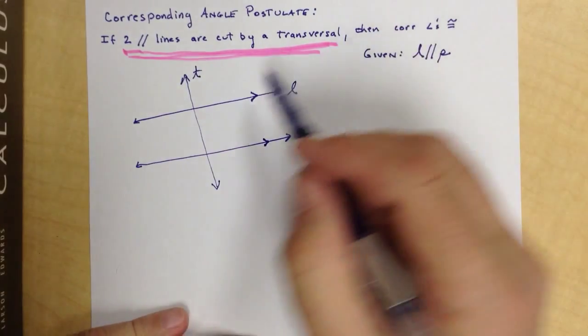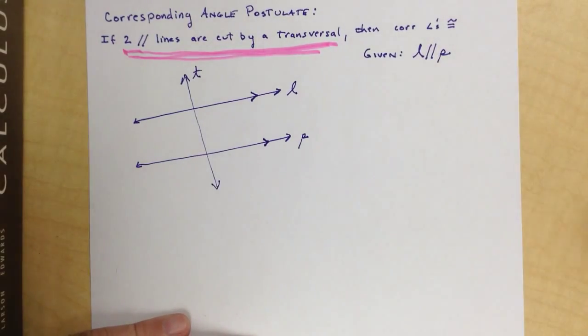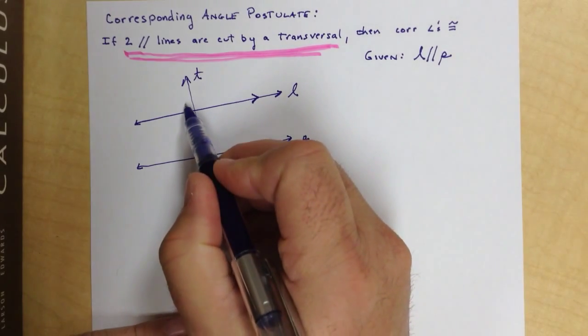In the last video, we realized that this created 8 angles, and then we classified alternate interior, same side interior, corresponding, and alternate exterior. So right now, we're just concerned with corresponding angles.